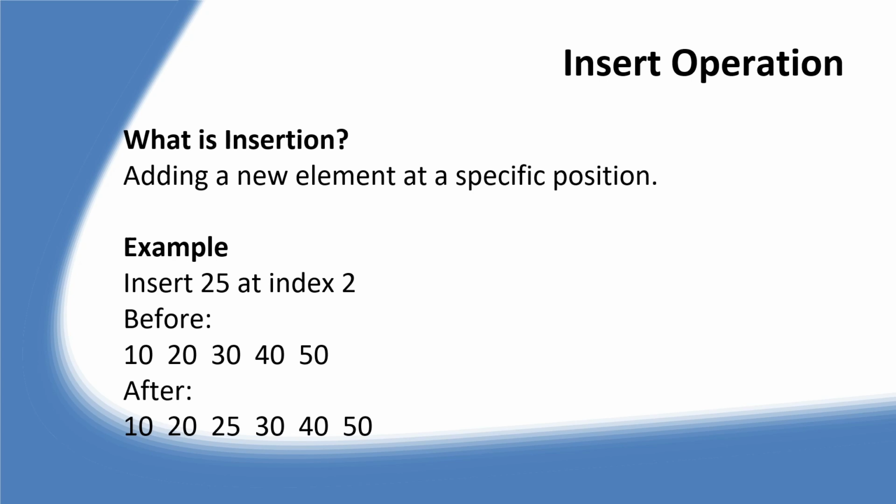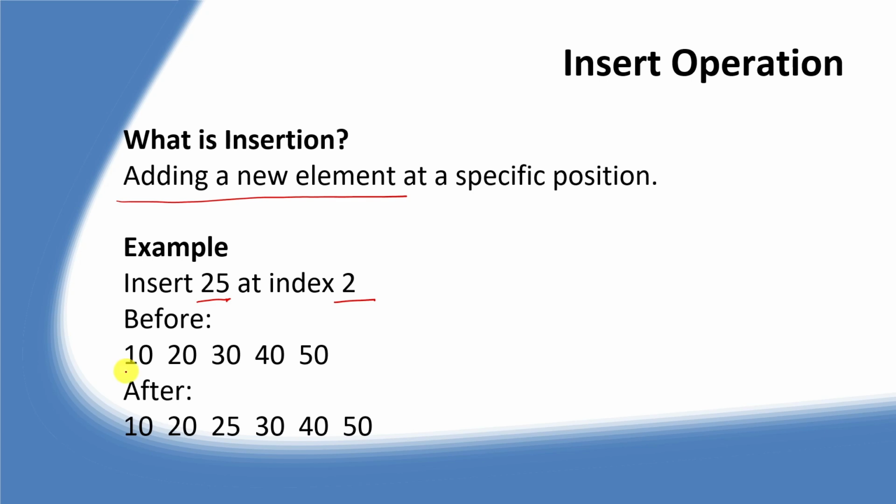So what is insertion? Adding a new element at a specific position. Insertion means adding a new element into an array. For example, we want to insert 25 at index 2.